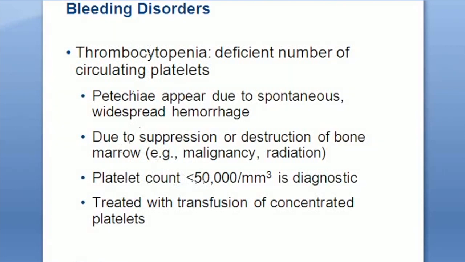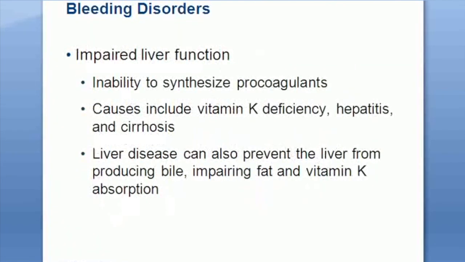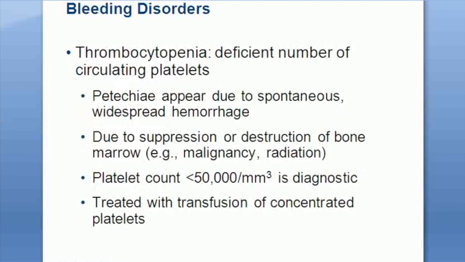A normal platelet count, which is not on this PowerPoint, I believe, or maybe it was. I think it was back there. Do you remember what a normal platelet count is? See, this is crazy. If you look in your lab book, on one page it says one thing and on another page it's different. On one page it's like 150 to 400 and on the next page it's 250 to 500,000.